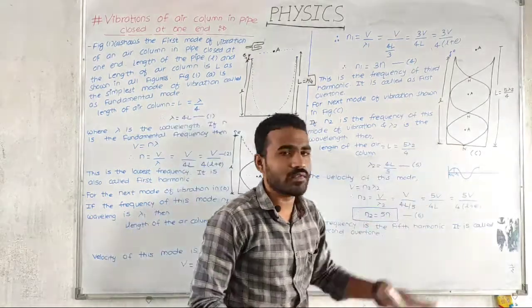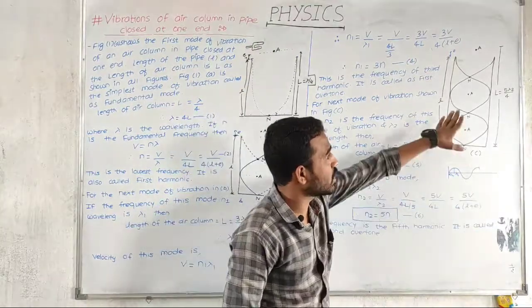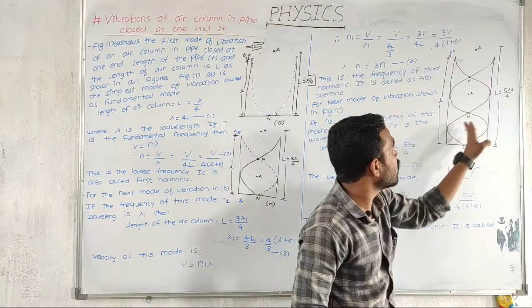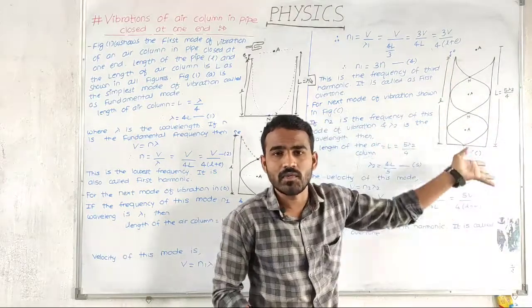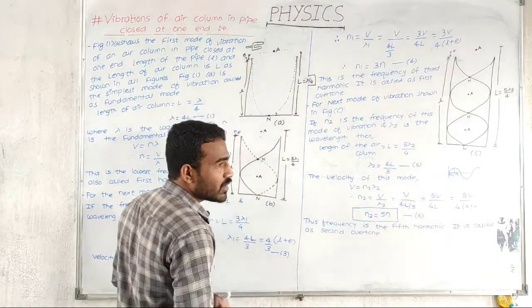Now for the next mode of vibration, which has length 7 lambda by 4, we can similarly write the equation for frequency.